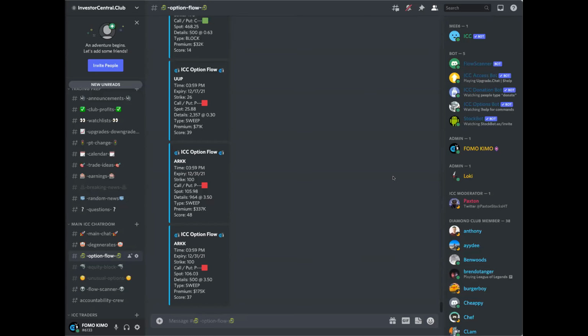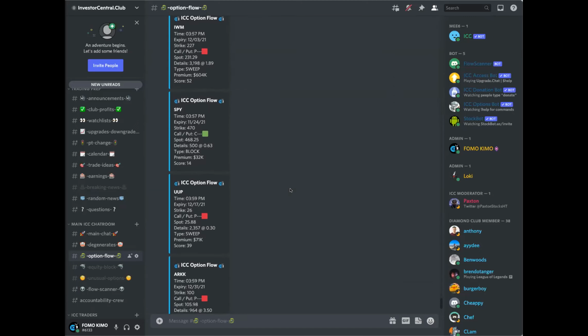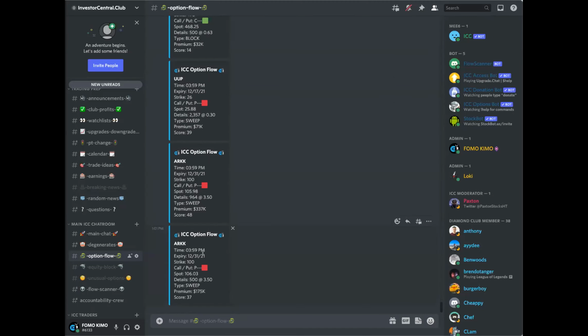Another method, if you don't trade options, is that people look at certain tickers and see, let's say, ARKK 12:31 100 strike. It's trading at, I don't know, 106. So big money is starting to think that there is still some downside left. They want to swing it.